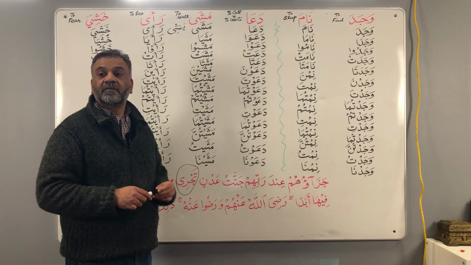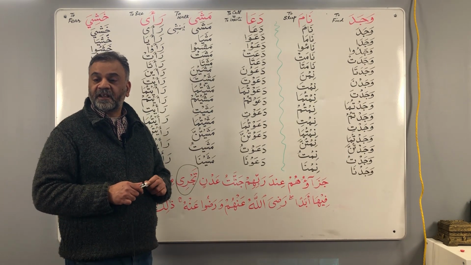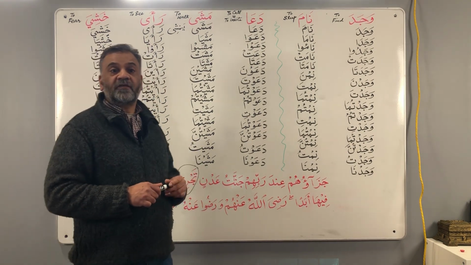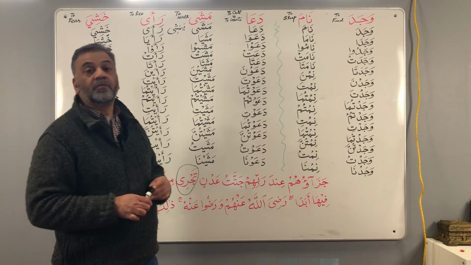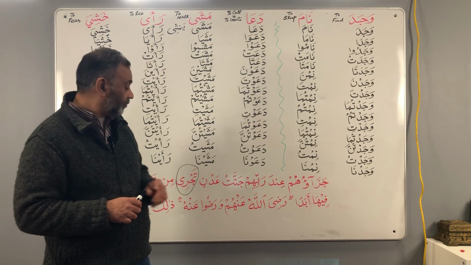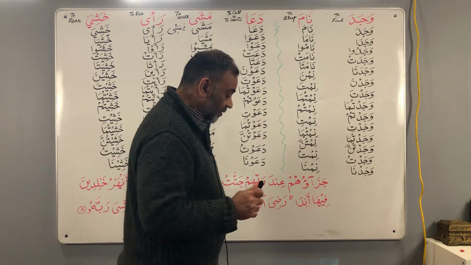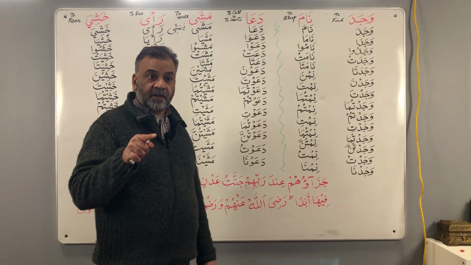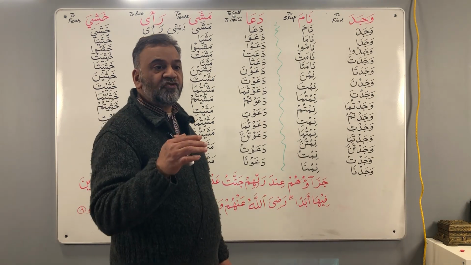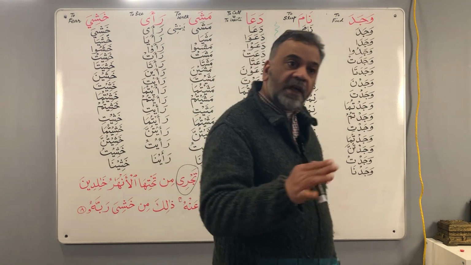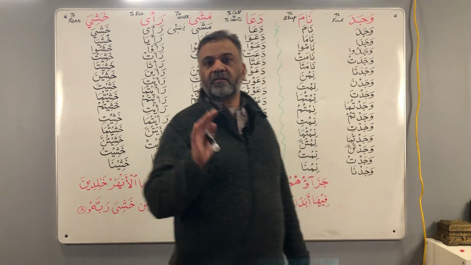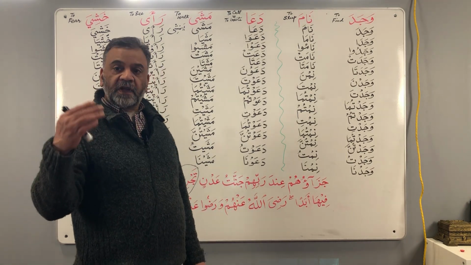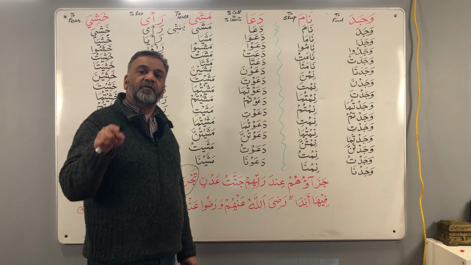Radiyallahu, the second weak verb, radiyallahu. Where is the fa'il in radiyallahu? Allah is the fa'il. Anhum. Afa, one thing to remember: afa, which means to forgive, always comes with an. Just a reminder, because an is used here. So afa, afu an: whenever there is a dua for forgiveness, you will notice an is always there.